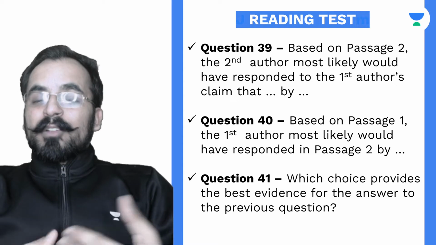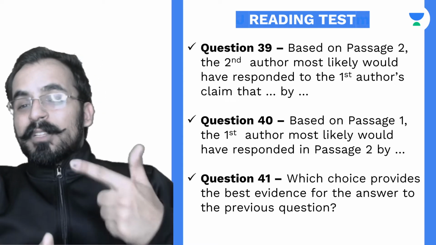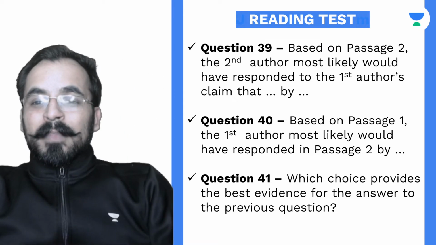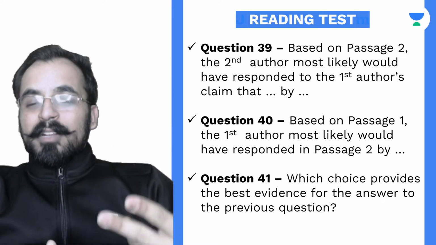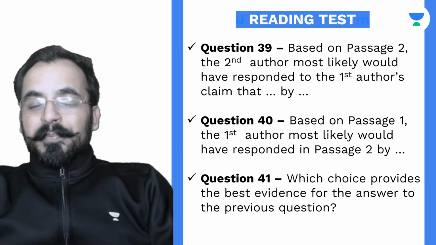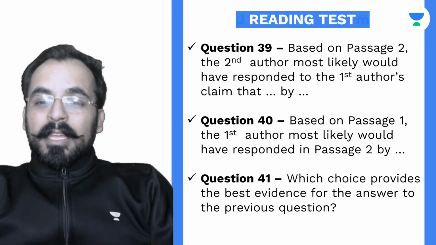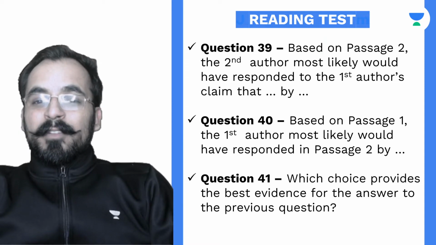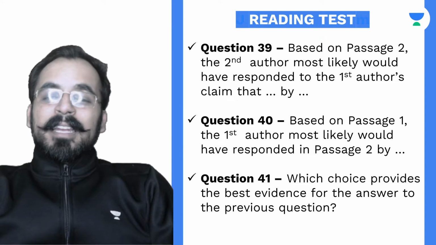Here you had to predict how the second author would have responded to the first author's claim. He would have responded to the first author's claim by, then you had options. You had to see the most likely response to the first author's claim.